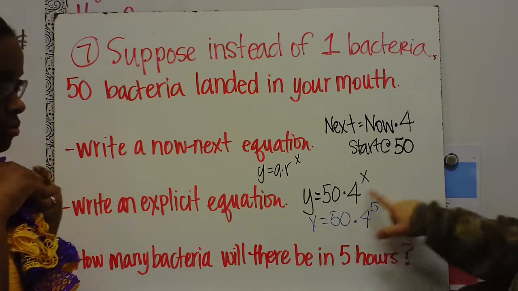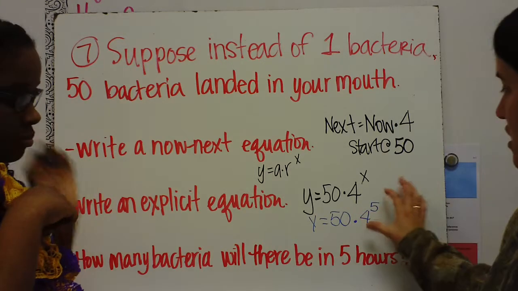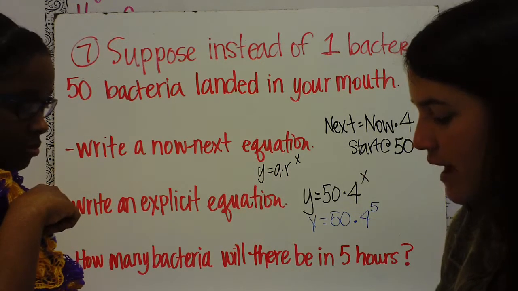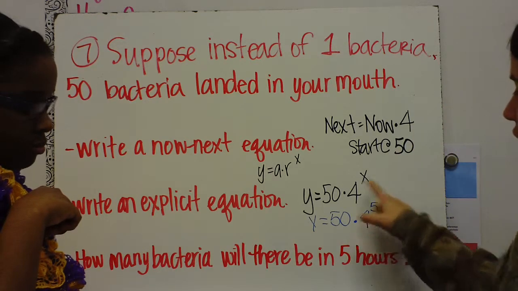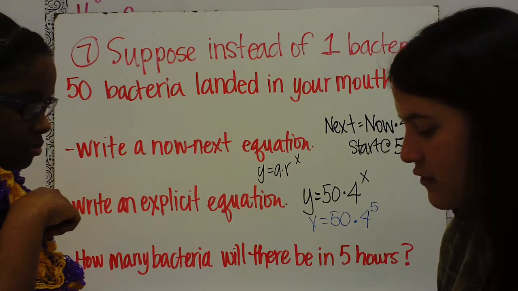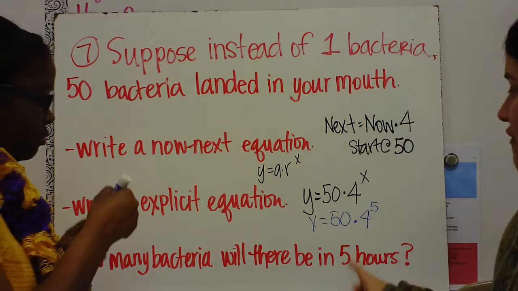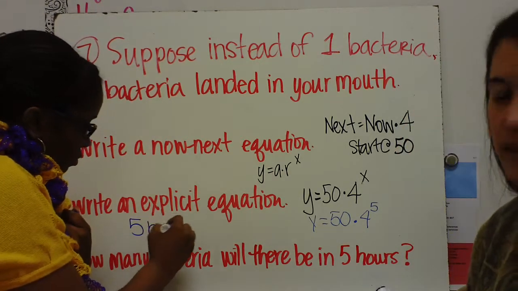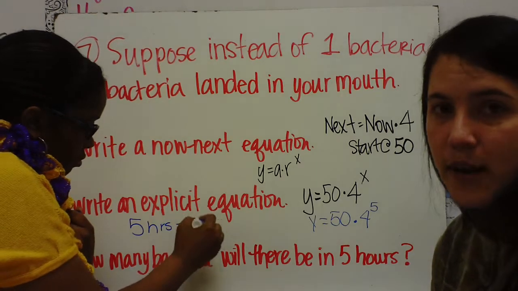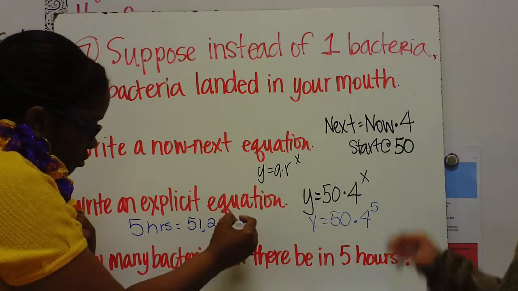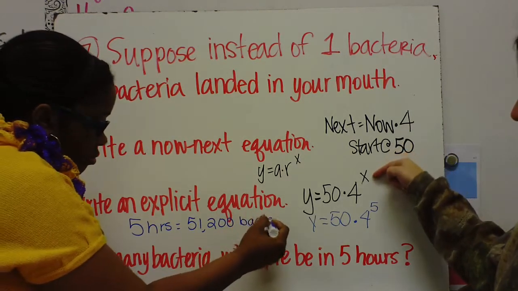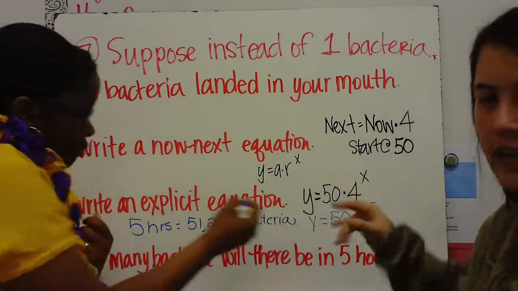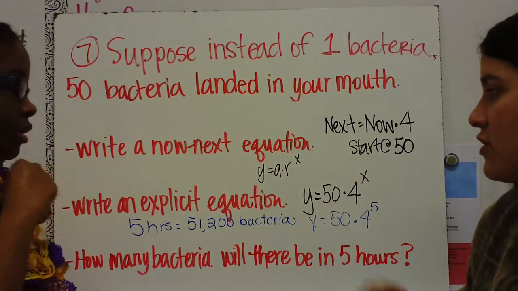When I type into my calculator, I'm going to do 4 to the 5th power, and then times 50. And in 5 hours, there will be 51,200 bacteria. I got that by putting it into the independent variable and then plugging into the equation.